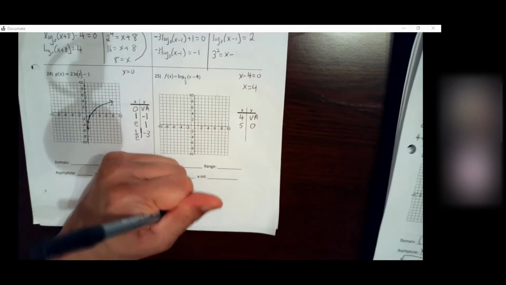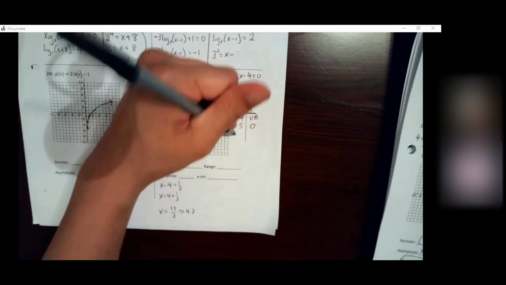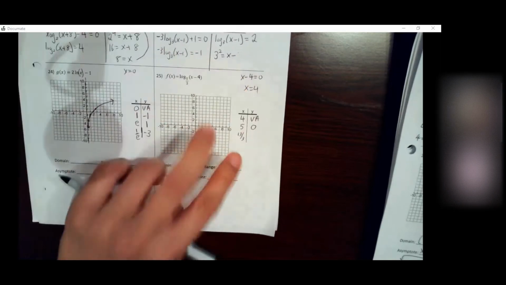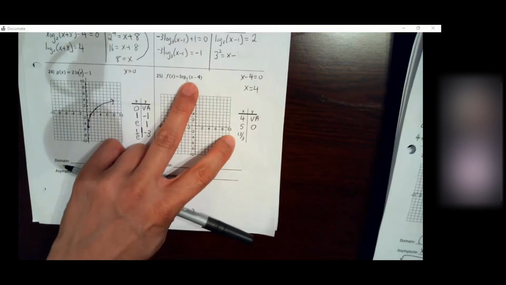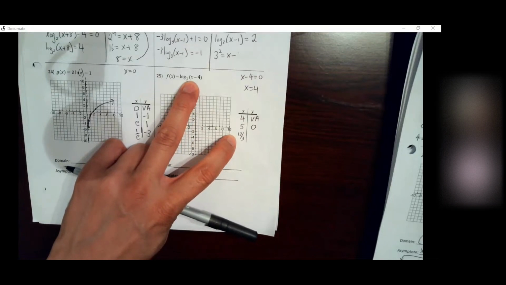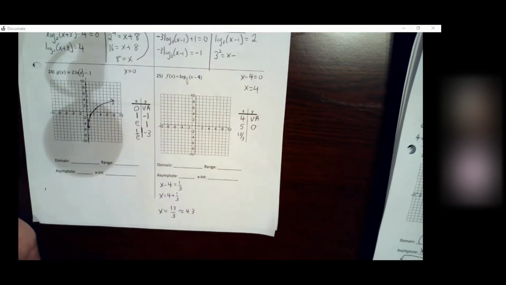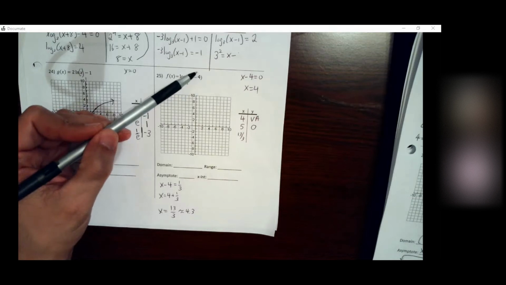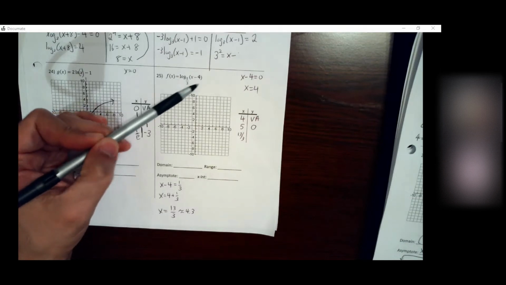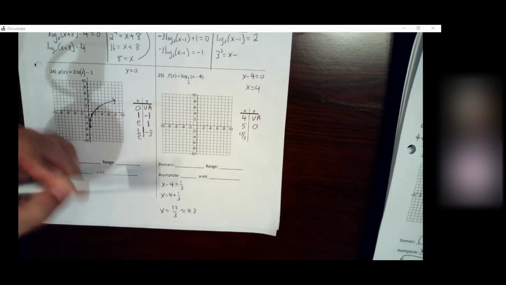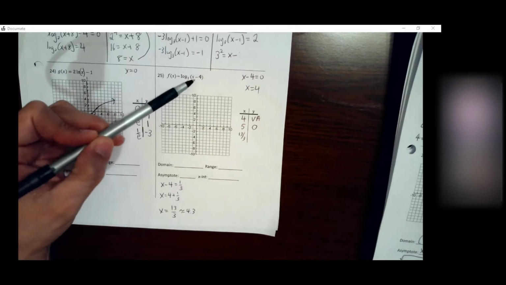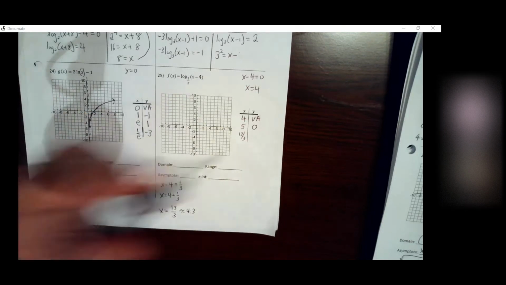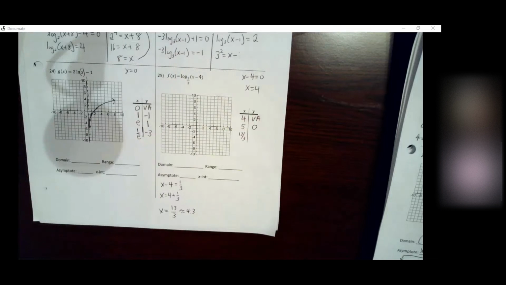Around 4.3. So what happens when I insert 13/3 in here? This will cause the parentheses to be what? Oh, 1/3. And log base 1/3 of 1/3 makes it 1.